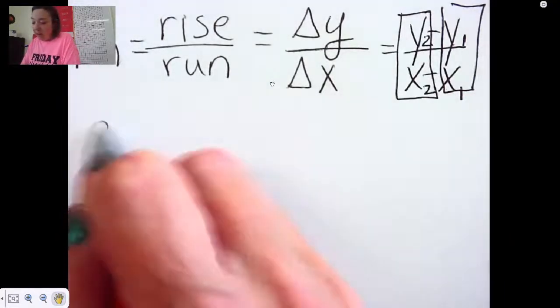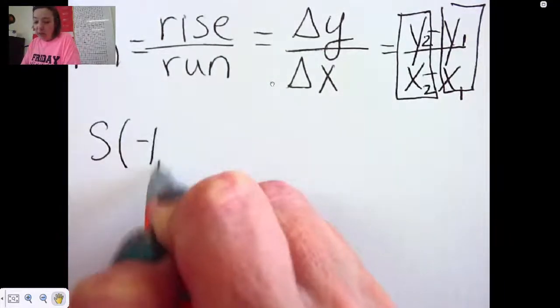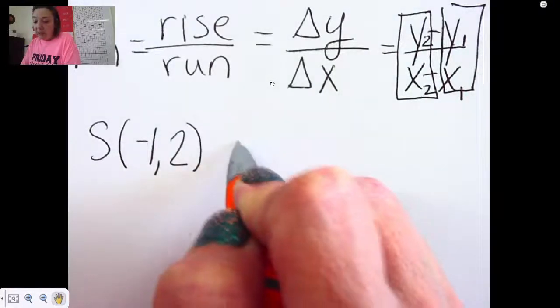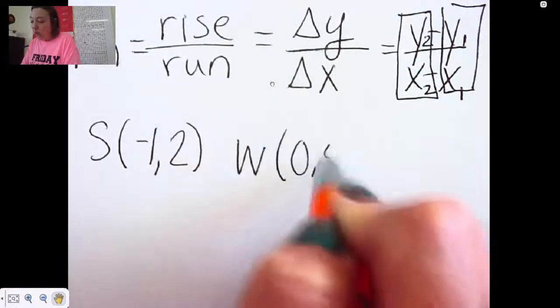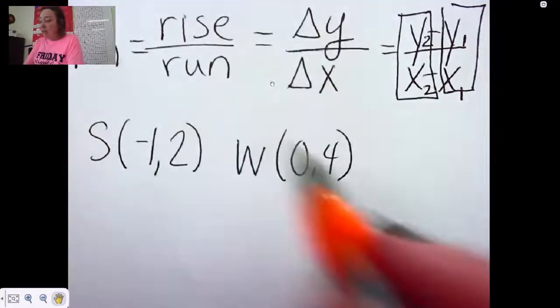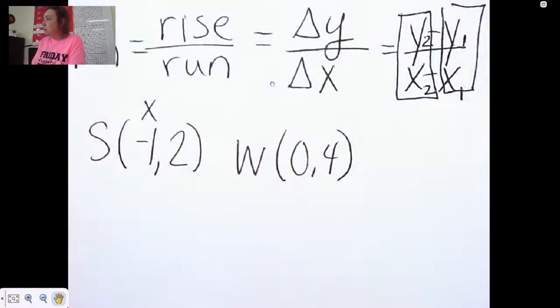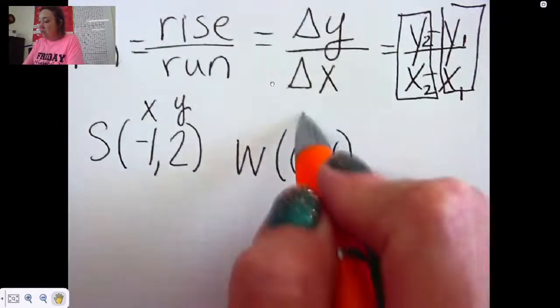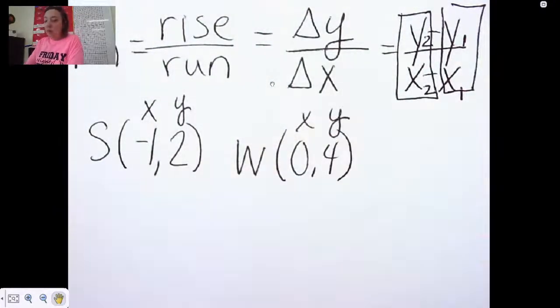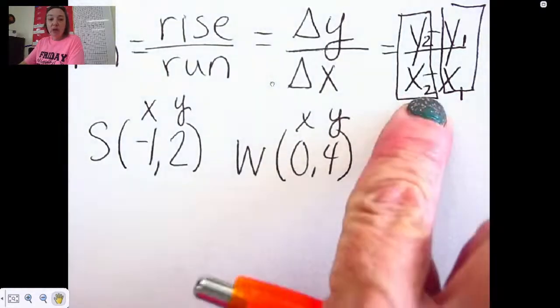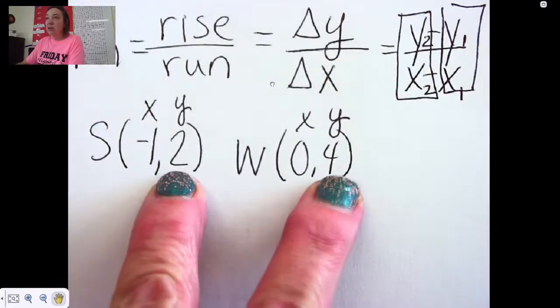So we've got S is -1, 2, and W is 0, 4. Remember, in a point, X is your first number, Y is your second number, right? So this is an X, this is a Y. So if we're going to do our slope, we're going to use 2 and 4 on top.